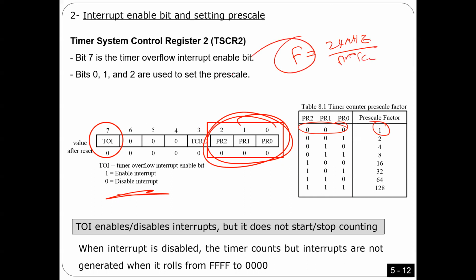This is the frequency of the counter, the speed, how fast it can count. The prescale can take a value from 1 up to 128. For sure this is the fastest, and this is the slowest. It's up to you whether you want the counter to count fast or slow. You can control it here.